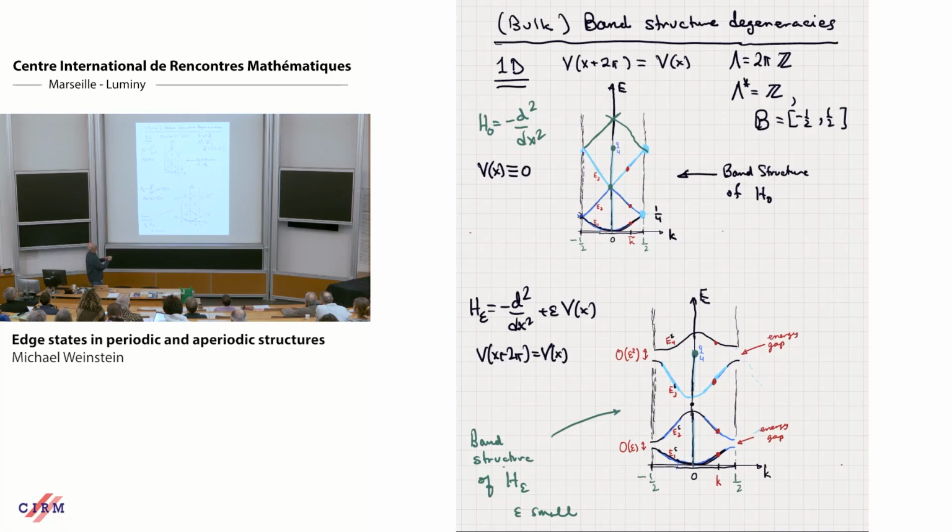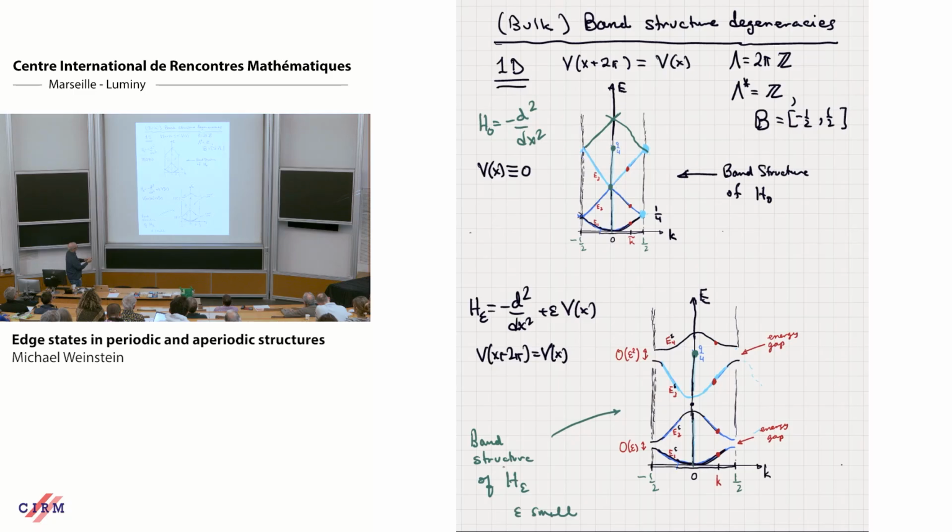You could realize the band structure as the union of parabolas modulo the dual lattice. So here's a parabola. There's another parabola over here, but I have to fold everything into the Brillouin zone.